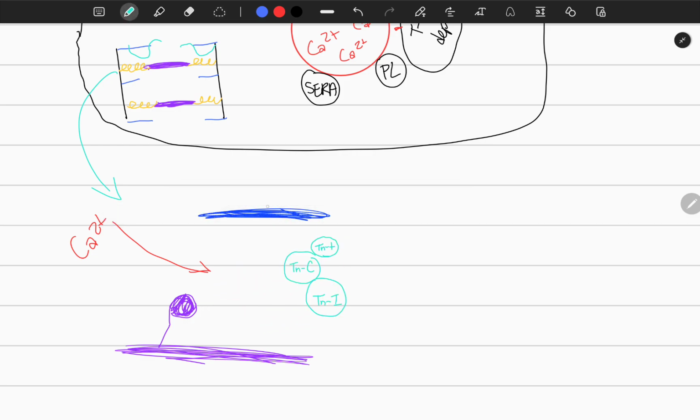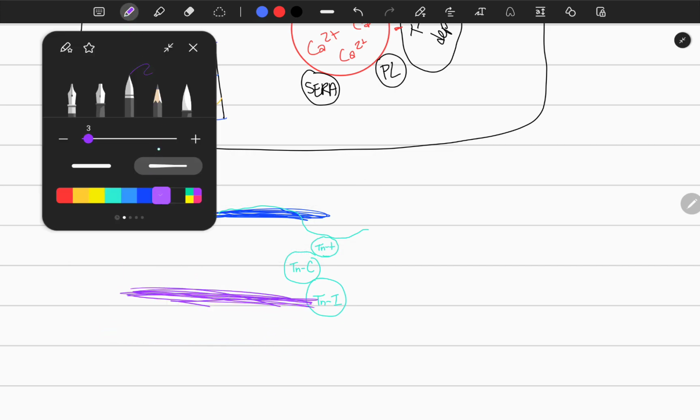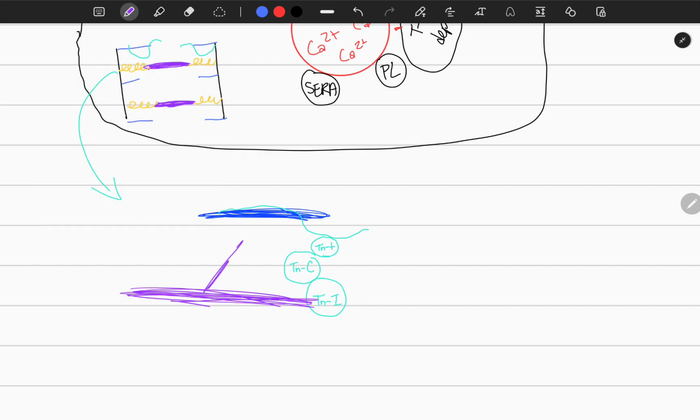So it's essentially just pushed out of the way. Now that it is exposed, the myosin head is able to attach itself to the active binding site in actin.